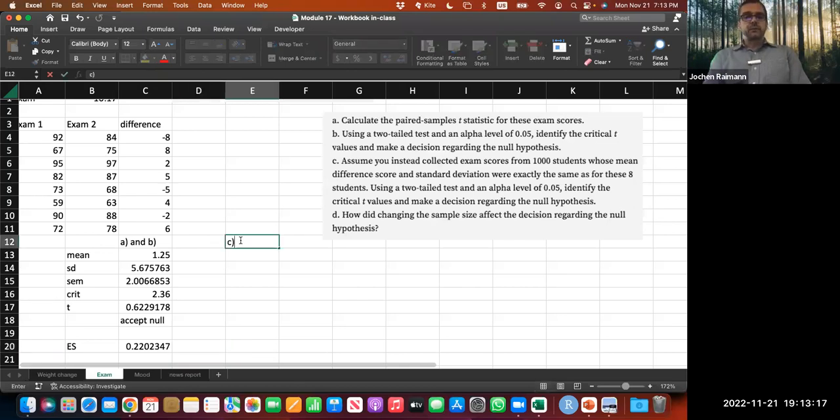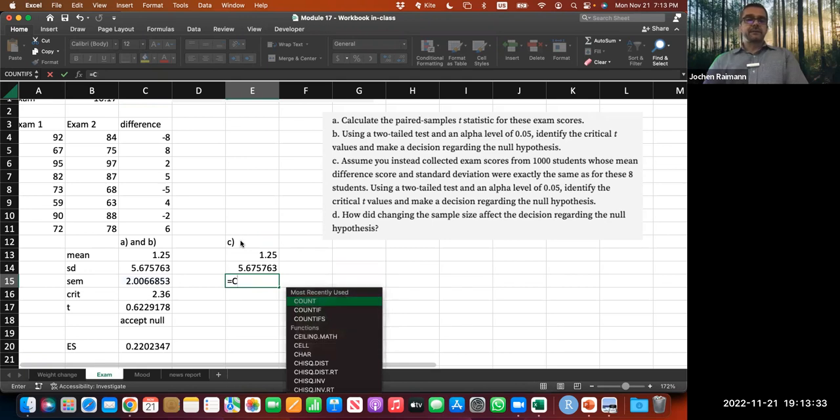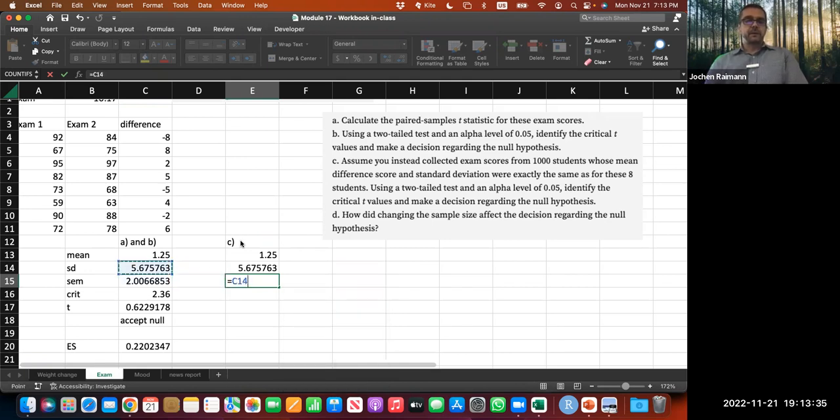If you were to study 1,000 individuals, the mean is the same, the standard deviation is the same, the standard error of the mean is now the standard deviation divided by square root of 1,000.